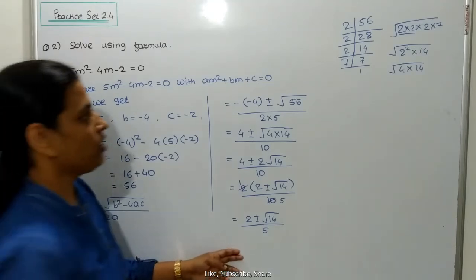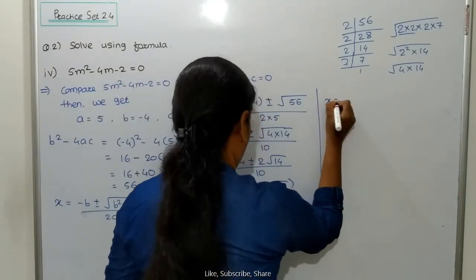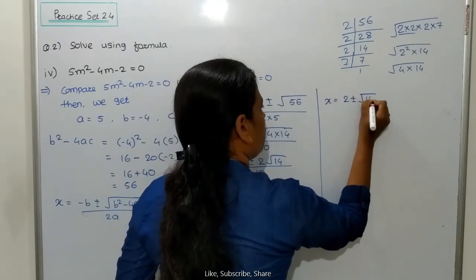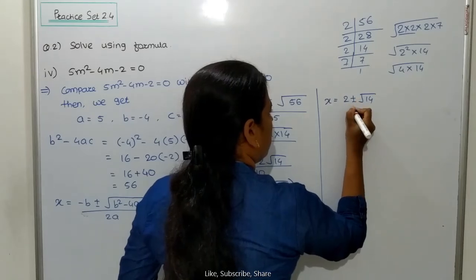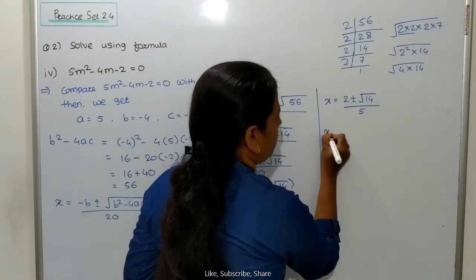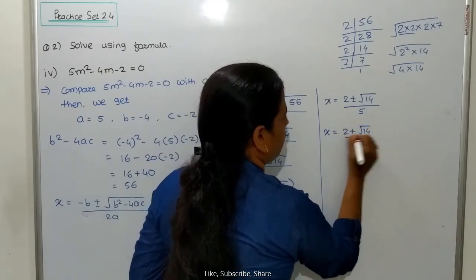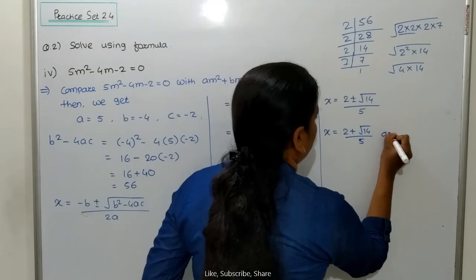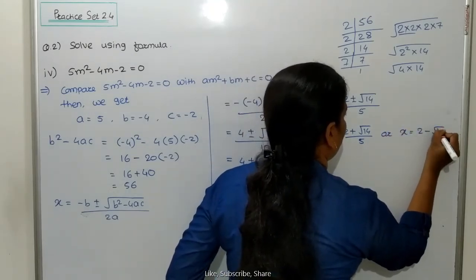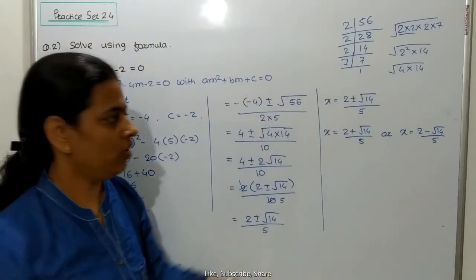Okay. Now next one is there, that is we have to get the value x is equal to 2 plus minus root of 14 upon 5. So first of all calculate the plus value, that is x is equal to 2 plus root of 14 upon 5, or x is equal to 2 minus root of 14 upon 5. That means you have to get these two roots. Okay.